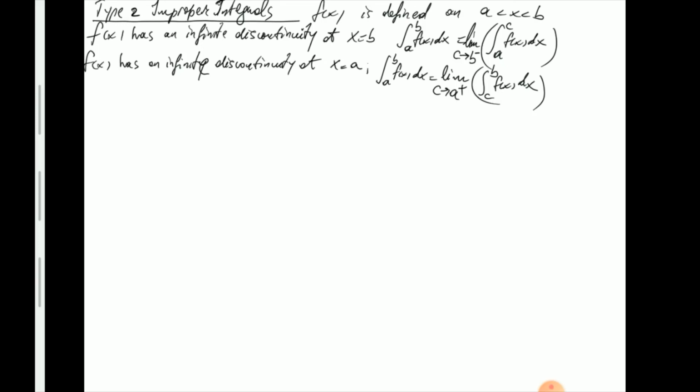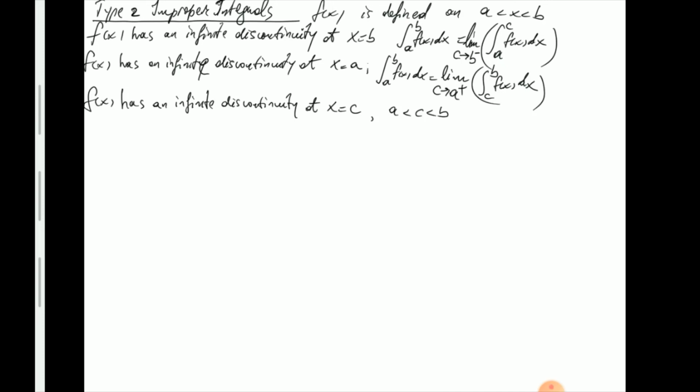So the interesting example, what happens if the discontinuity happens in the middle? So what if, for example, f of x has an infinite discontinuity at x equals c, which is a point between a and b, within the domain of integration.